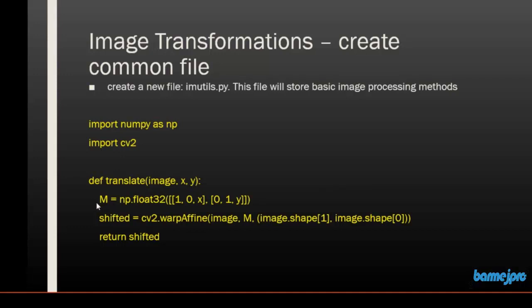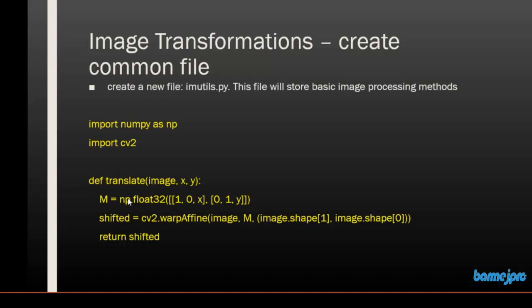Then we define the translation matrix inside the function itself, using numpy.float32. This is a floating point matrix, because OpenCV requires a floating point translation matrix in order to process this function.